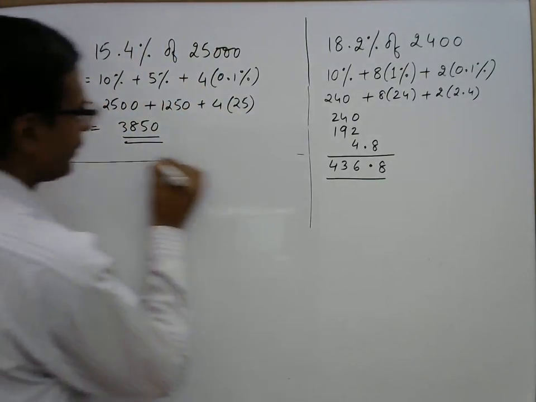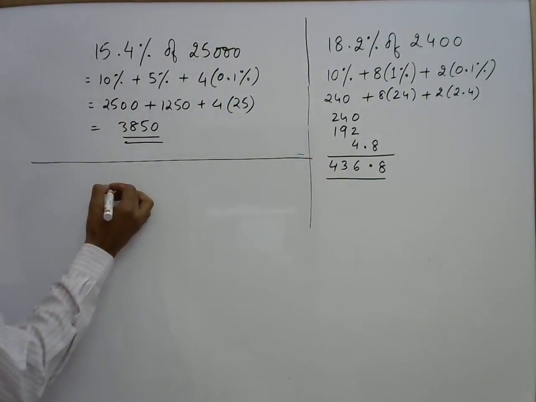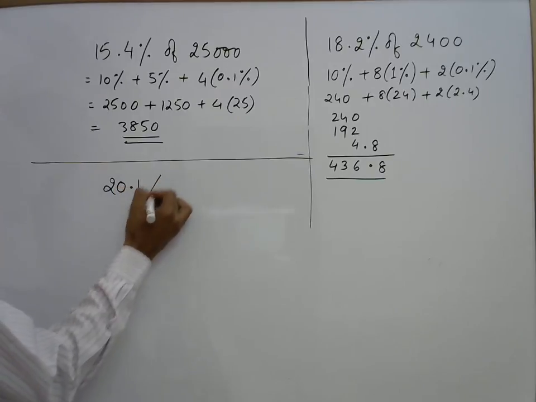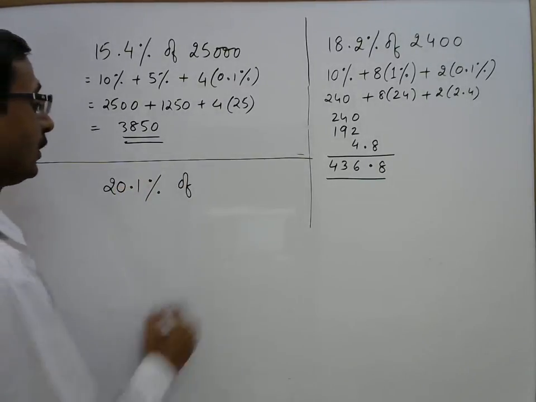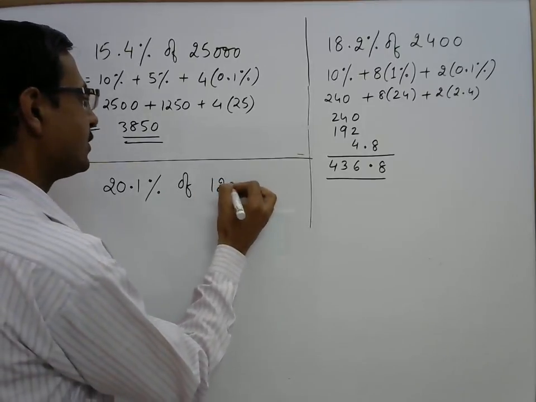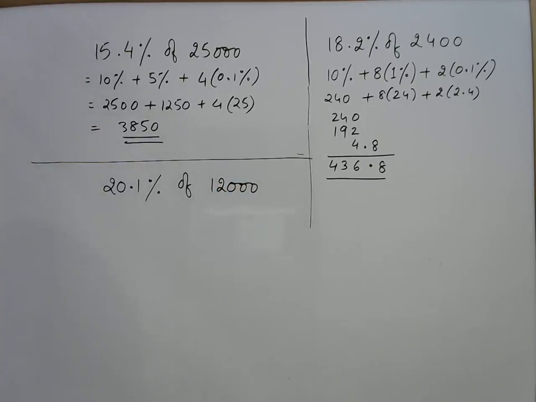So let's have 20.1%. I'll give you an easy one. 20.1% of 12,000. Okay, this is an easy one. 20.1% of 12,000.